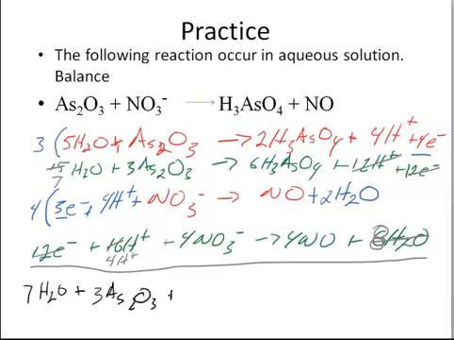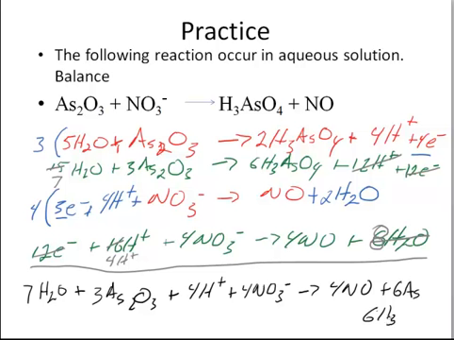3As2O3 plus 4 H's, H plus I should say, and that, oops, plus, oh man, I hate this thing, 4 NO3 minus yields 4 NOs and 6 As, oops, I'm going to have to fit it down here, 6 H3AsO4.